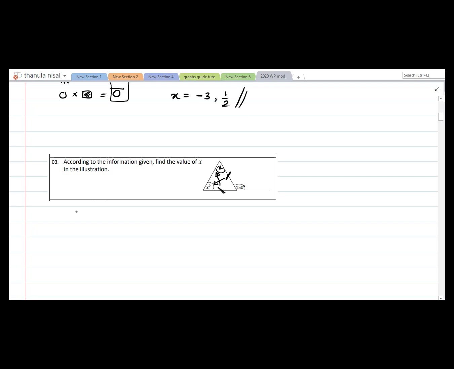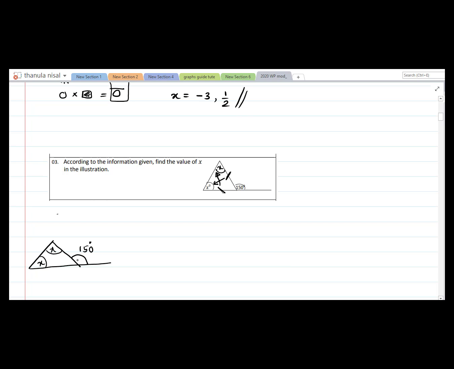Now, from this theorem, here x is there, another x is there. Can you see the exterior angle here?